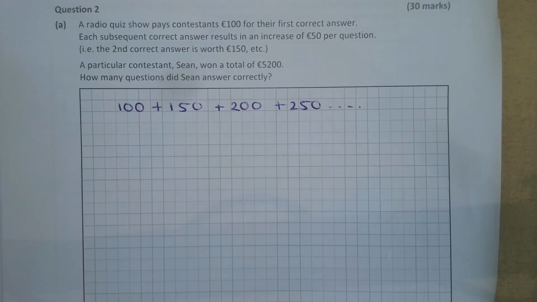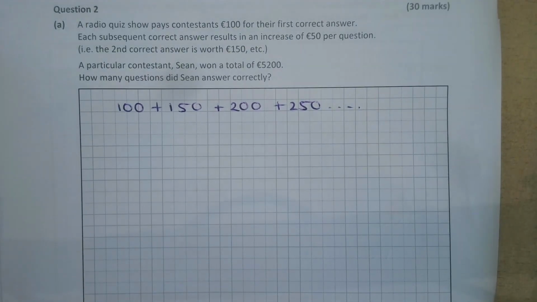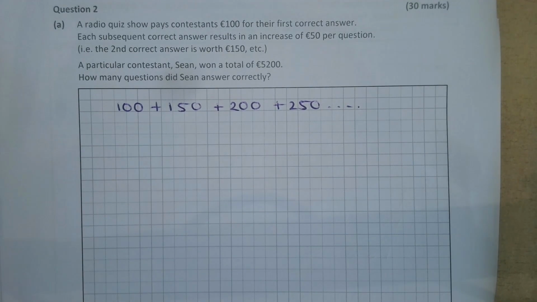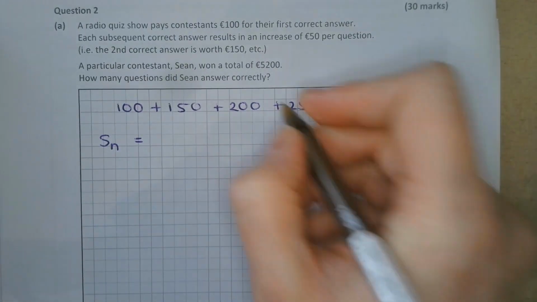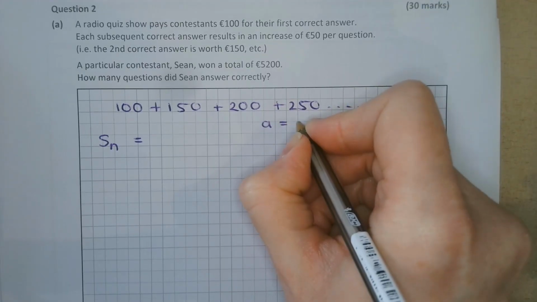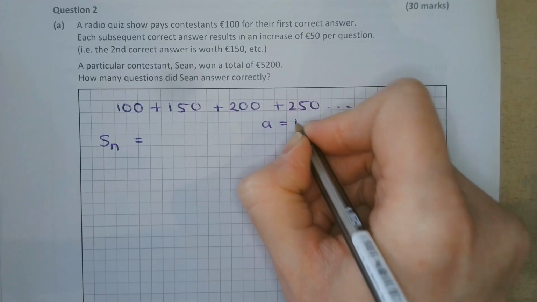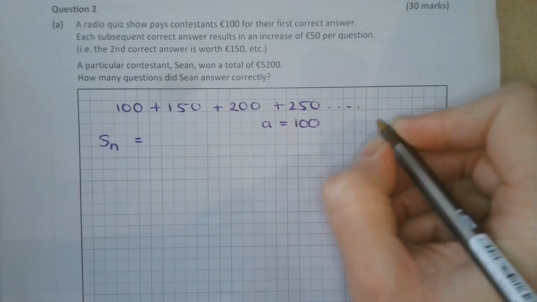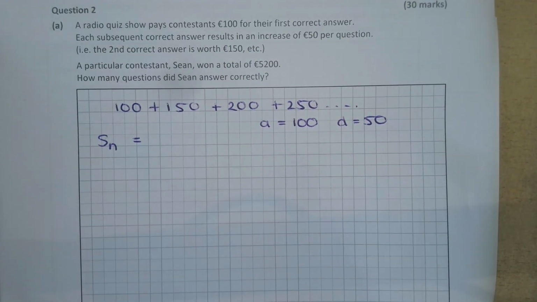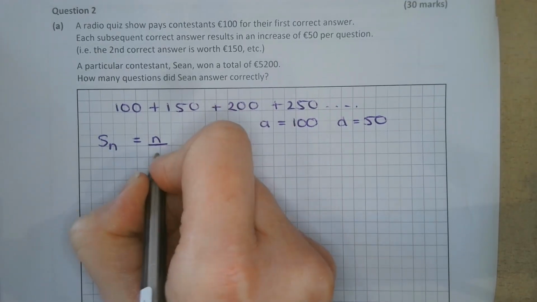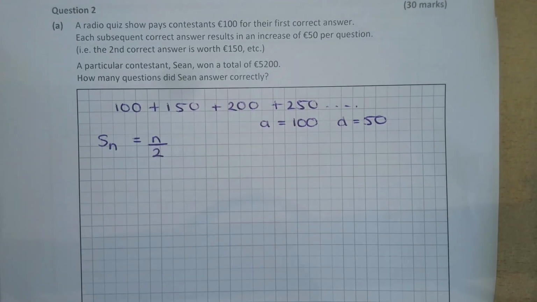So here we have basically an arithmetic sequence that we're adding together. So we're looking at the sum of an arithmetic sequence. We're going to use our formula from page 22 in our log tables book. So where we would have a is 100 and our difference is 50. So we fill in. n is basically what we're looking to find.